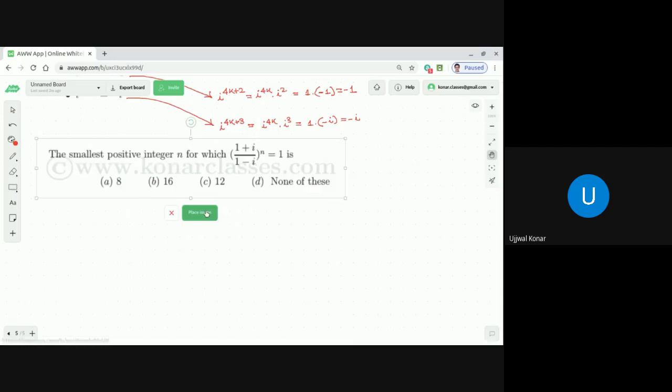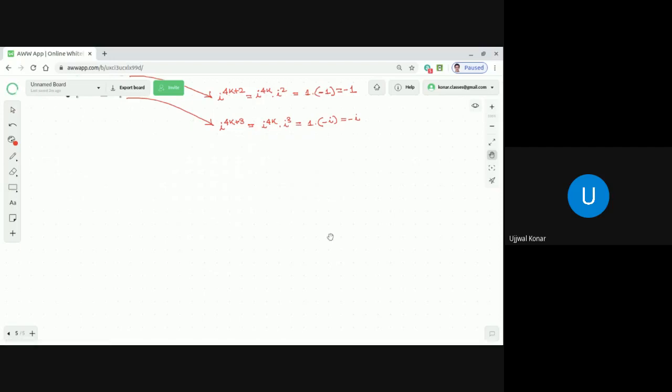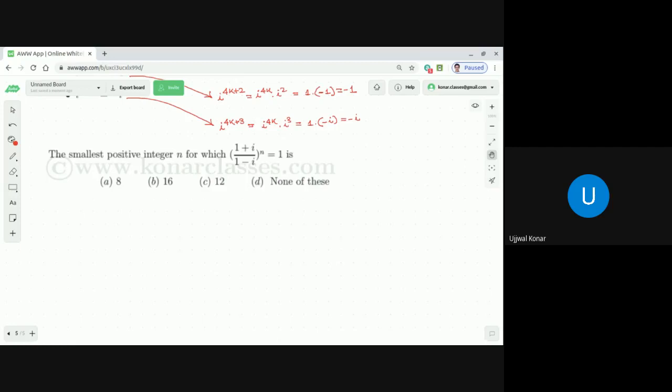This question came in one of the previous years. The question here is: the smallest possible integer n for which (1 plus i by 1 minus i) power n is equal to 1 is what? That we are going to find. All of you can start doing along with me.